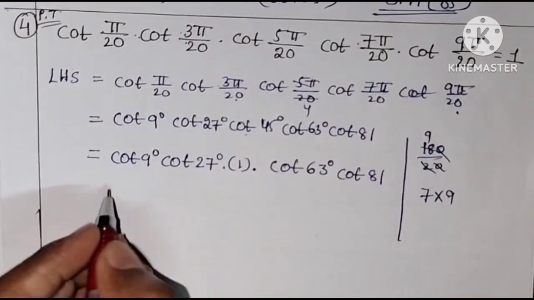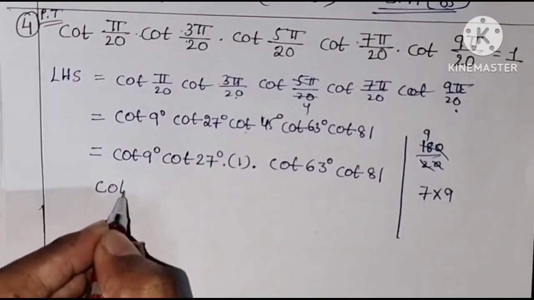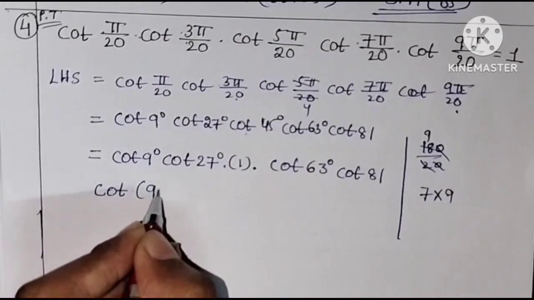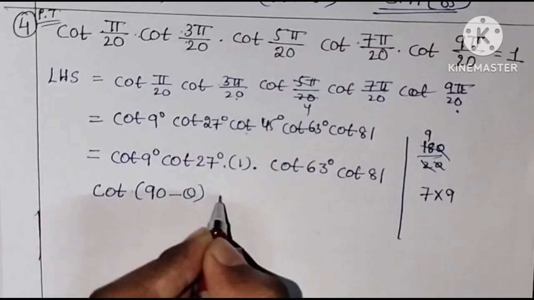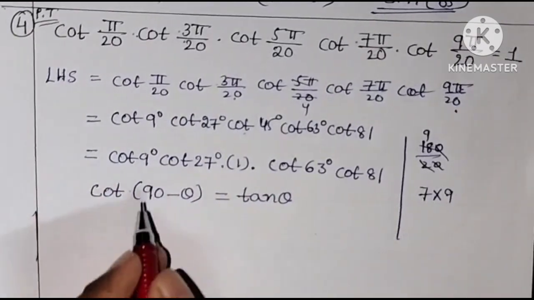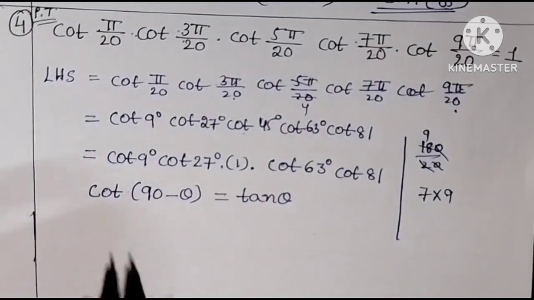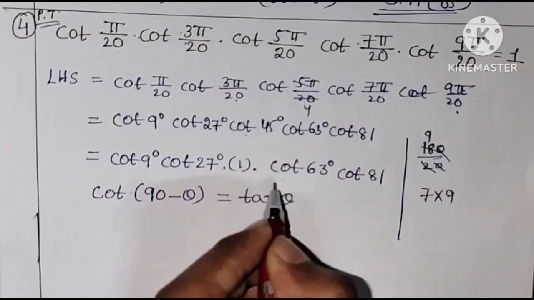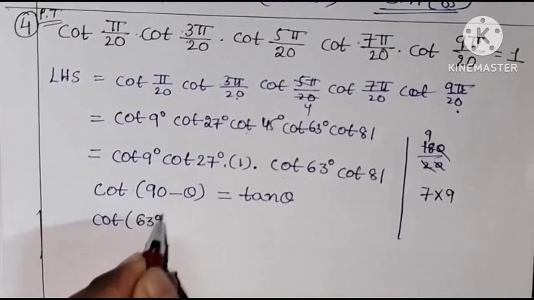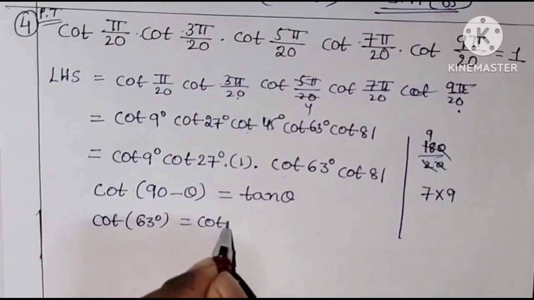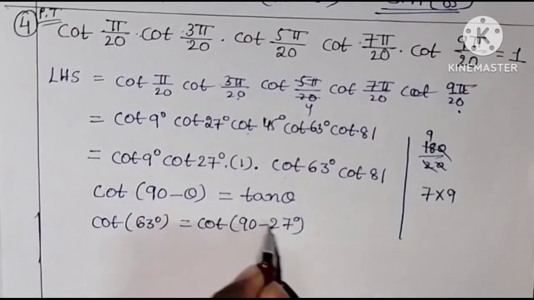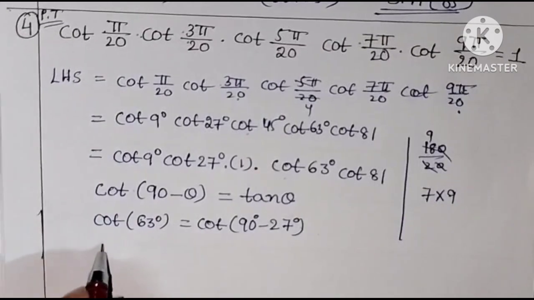Okay, so in trigonometry we know that cot 90 minus theta is equal to tan theta. Cot 90 minus theta is equal to what? Tan theta. Okay, let us use this formula. Cot 63 degrees can be written as cot 90 degrees minus 27 degrees.